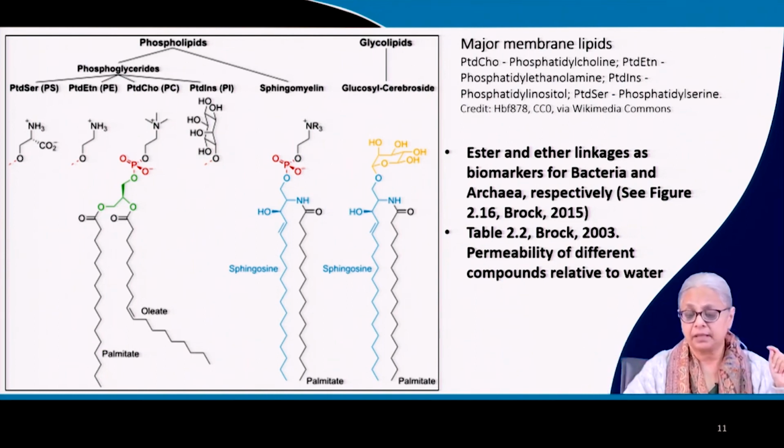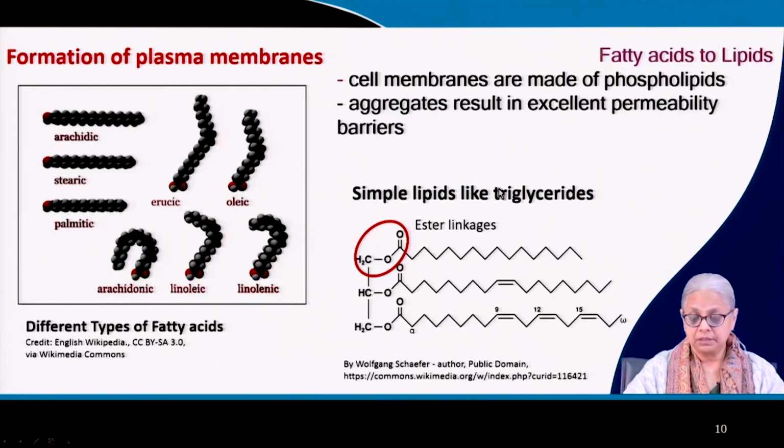Now, why are bacteria and archaea so different? That is mainly because the plasma membrane is different from all the other plasma membranes. To put it another way, bacteria and eukaryotes have similar plasma membranes where these triglycerides are the same structure, so they have the same ester linkages.